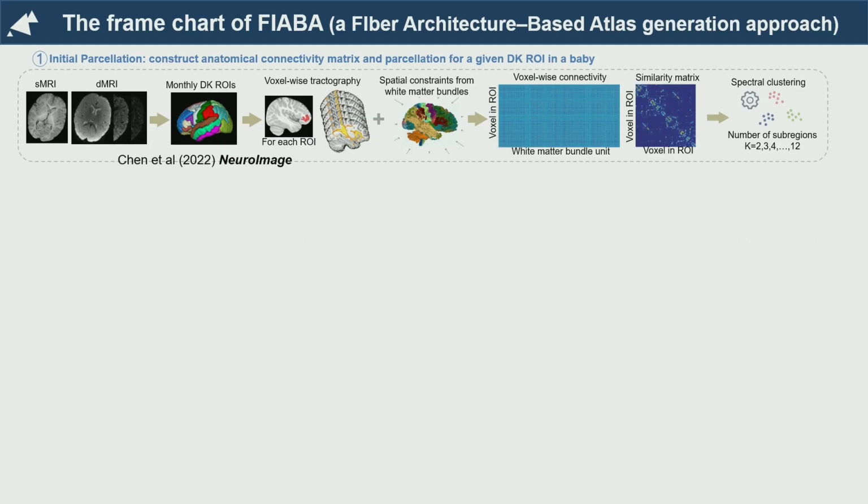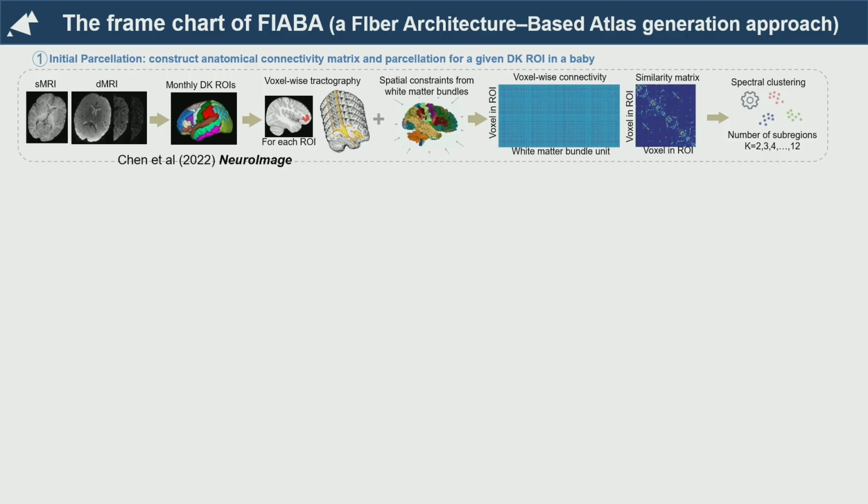To construct these infant atlases, we proposed a fiber architecture-based atlas generation approach. There are 3 main stages in this framework. In stage 1, we first performed voxel-wise tractography, and then we calculated the voxel-wise brain connectivity matrix under the spatial constraints from white matter bundles.